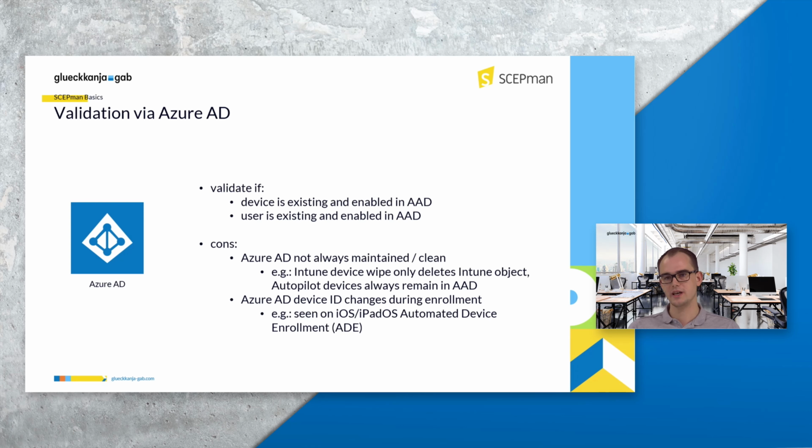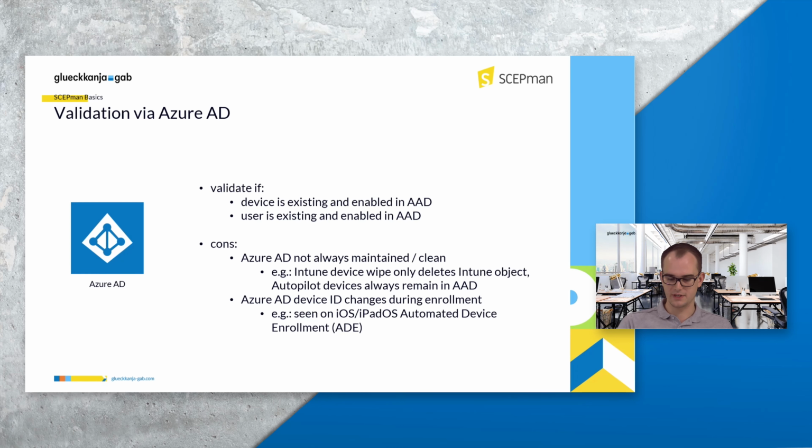In addition, we have also seen some situations where the Azure AD device ID changes during the enrollment. One good example here is the enrollment of iOS and iPadOS via automated device enrollment. So the device gets enrolled, then it also gets its certificate. And the problem here is that the device will get the certificate with the Intune ID in it, because the device does not have an Azure AD device ID at that point.